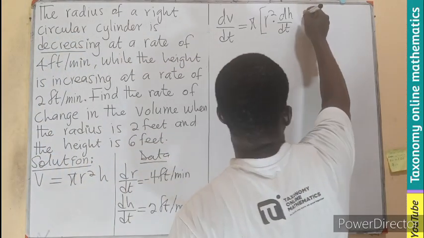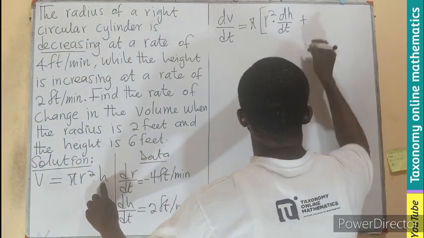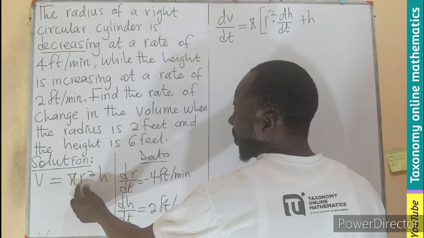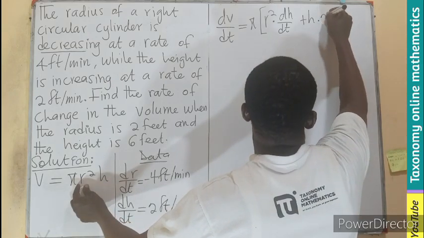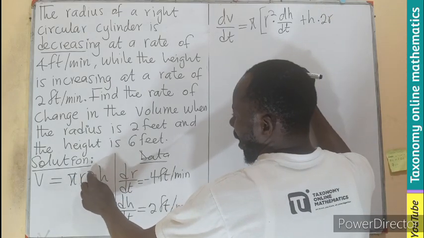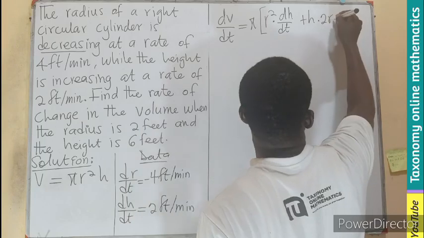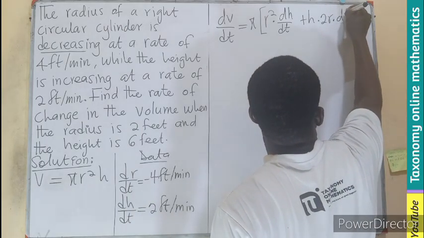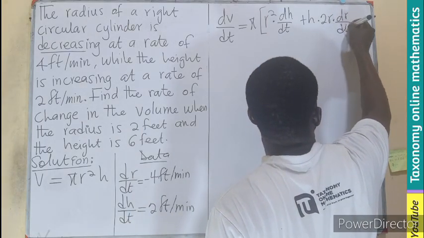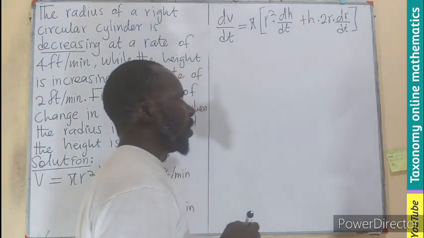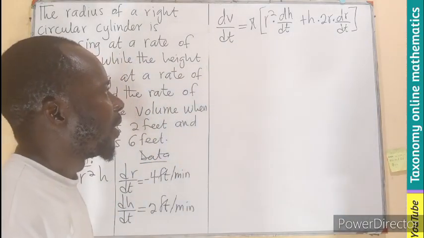Then we have plus. Now we hold the h and differentiate r. That will be 2r, since 2 minus 1 is 1, then we introduce dr/dt.